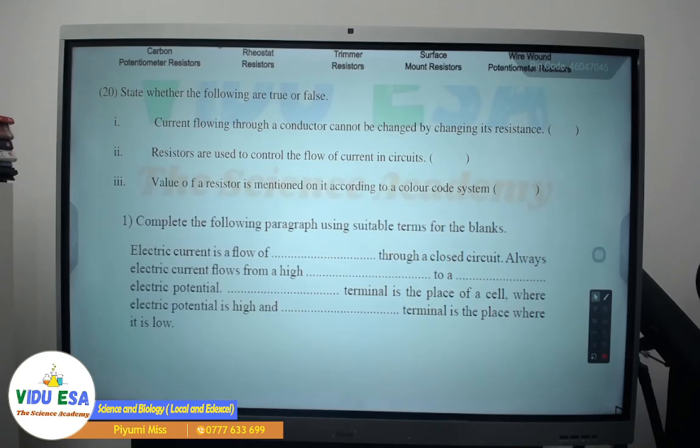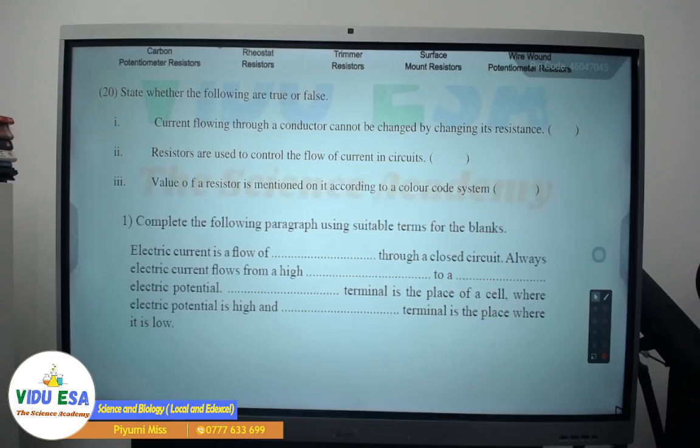Question time. What are the two main types of magnets when considering the uses of magnets? Yes, Methun, what are they? Permanent magnets and temporary magnets.